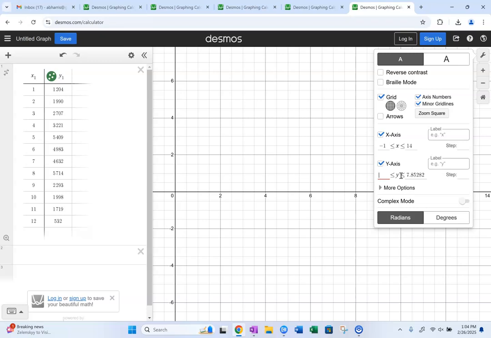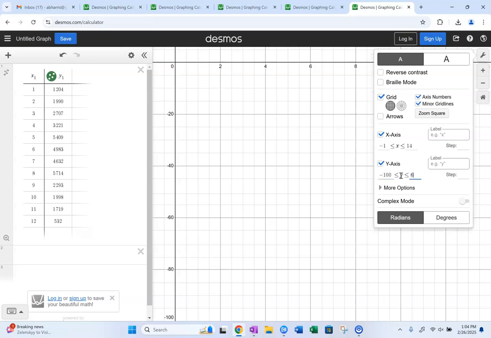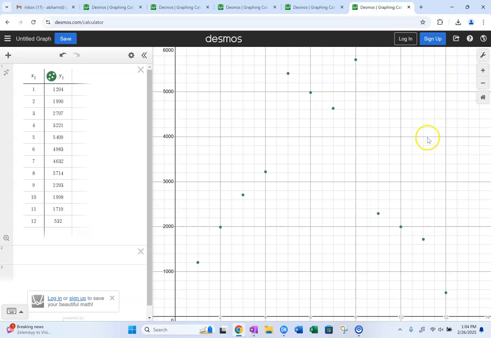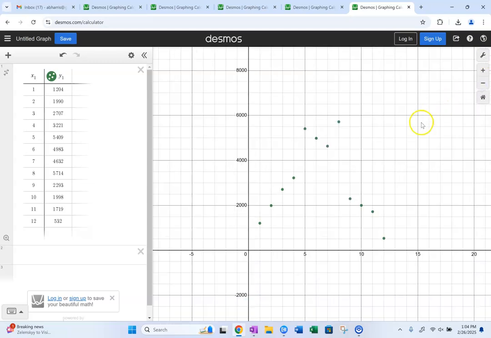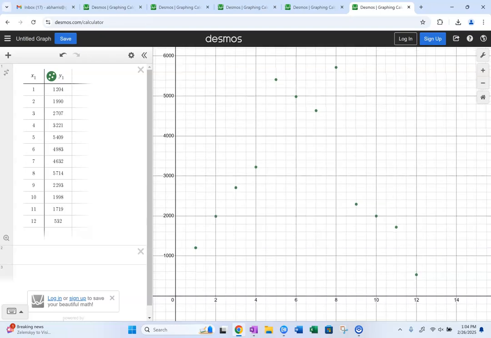Let me go from like -100 up to like 6,000 or so. And you can kind of see, let me zoom out a little bit more. I don't know if that's the best window, but there we go. Now I'm looking at that and I've got this weird stuff down here. This doesn't follow a line, nor does it follow a regression curve, does it?